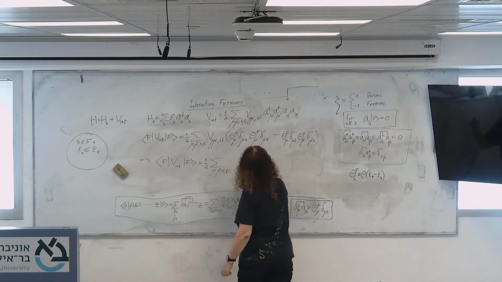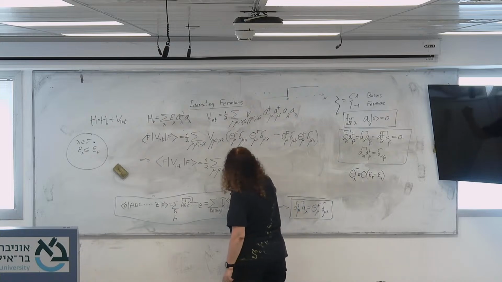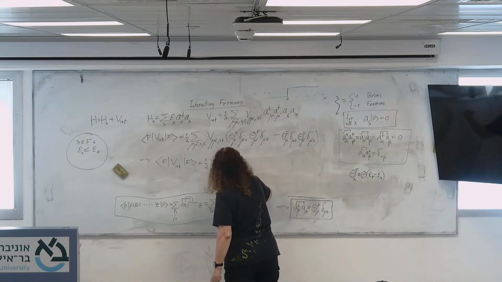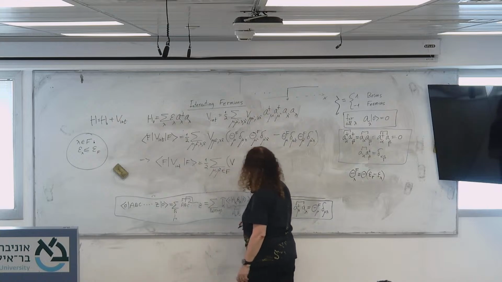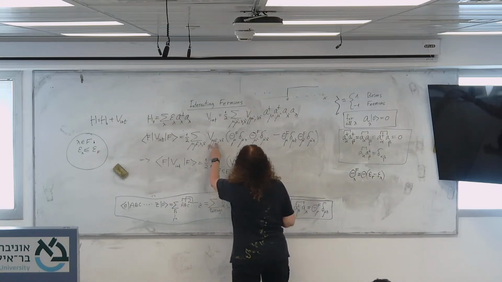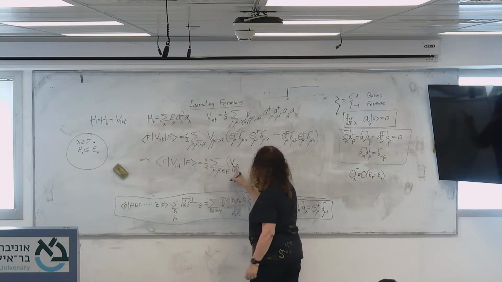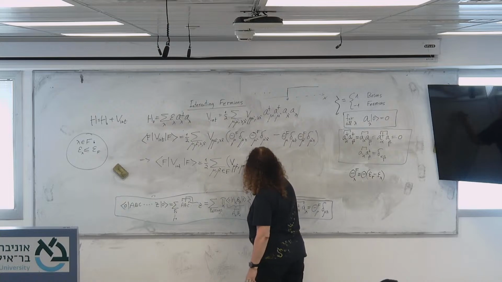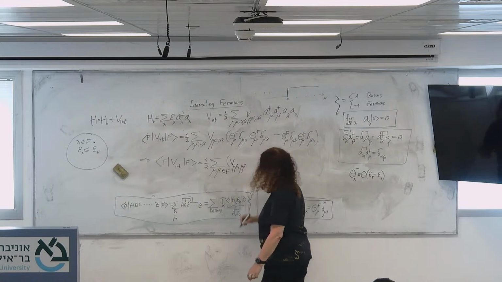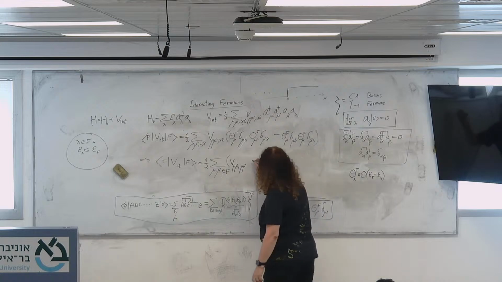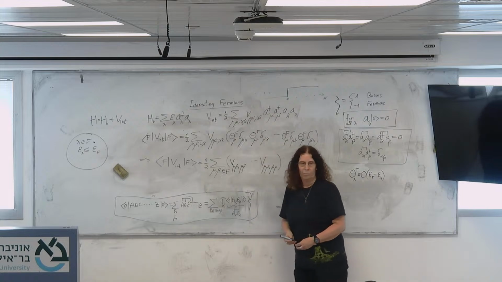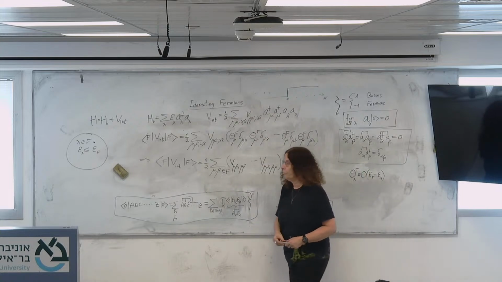And then, okay, let's see what I have from them. So I will get 2 terms. That's all. In one term, I have the matrix element that remains is v mu mu prime, mu mu prime, minus v mu mu prime, mu prime mu. Okay? That's all.